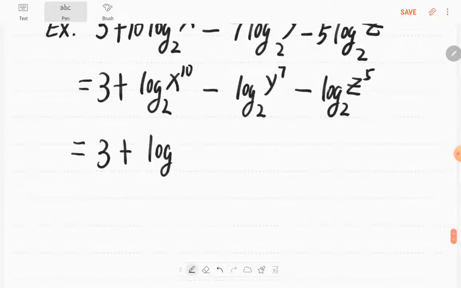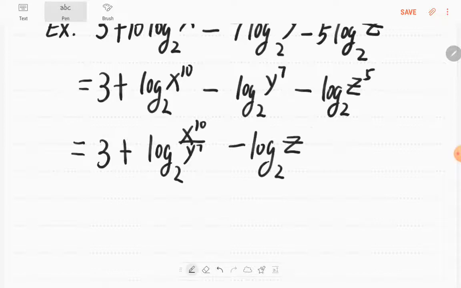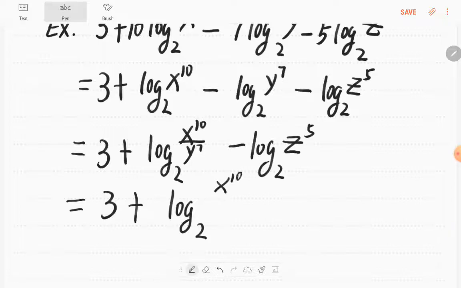So let's combine these two first. So this would be log base 2 of x to the 10 divided by y to the 7, minus log to the base 2 of z to the 5th. So that is 3 plus log to the base 2 of this one divided by this one. So you will have x to the 10 divided by y to the 7th times z to the 5th.